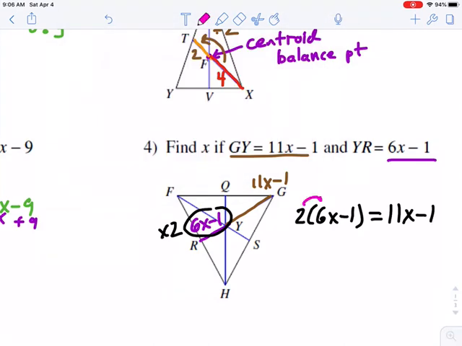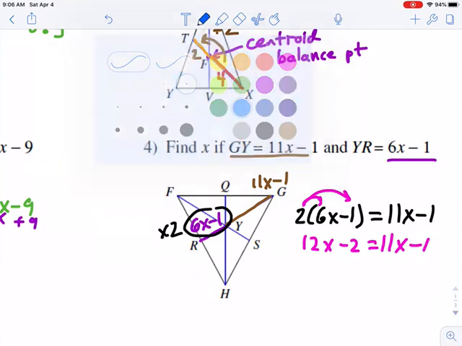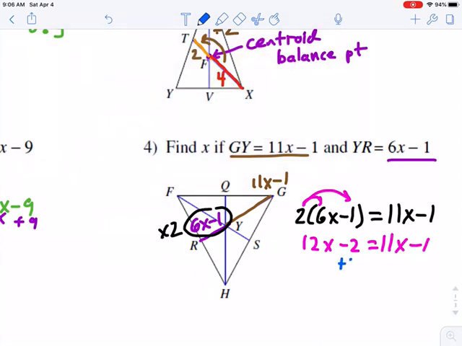And some pretty cool things happen. I get to distribute: 12x minus 2 equals 11x minus 1. Then I'm going to add 2 to both sides, subtract 11x. I'm going to get x equals 1. That's it. Sweet.